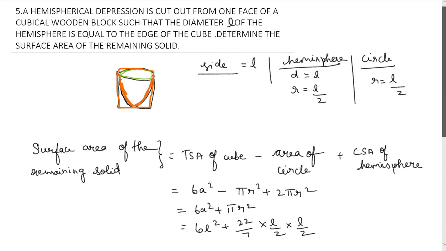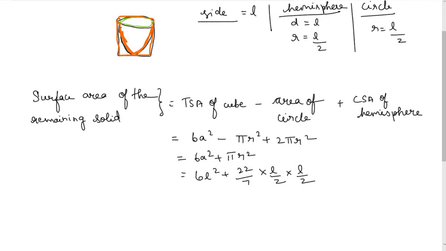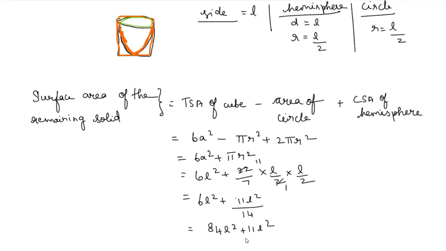And what is our next calculation? 6L square plus, 2 ones are 2, 2 elevens are 22, so we have 11L square by 14. When you multiply with this, you will get 84L square plus 11L square by 14.